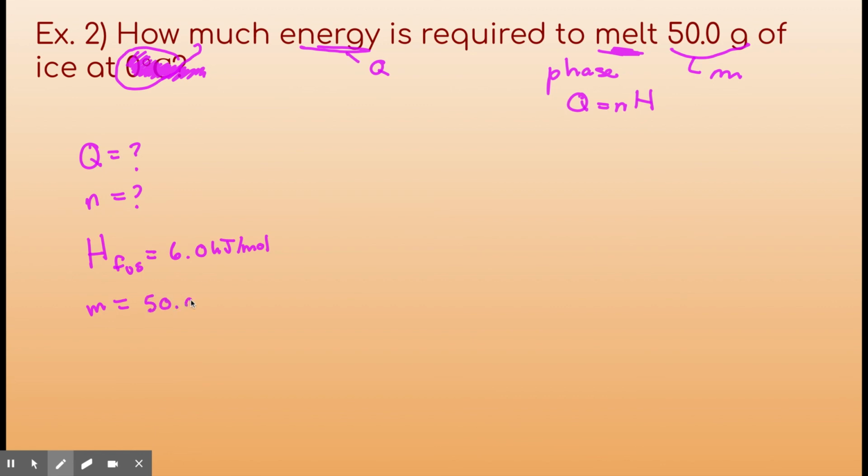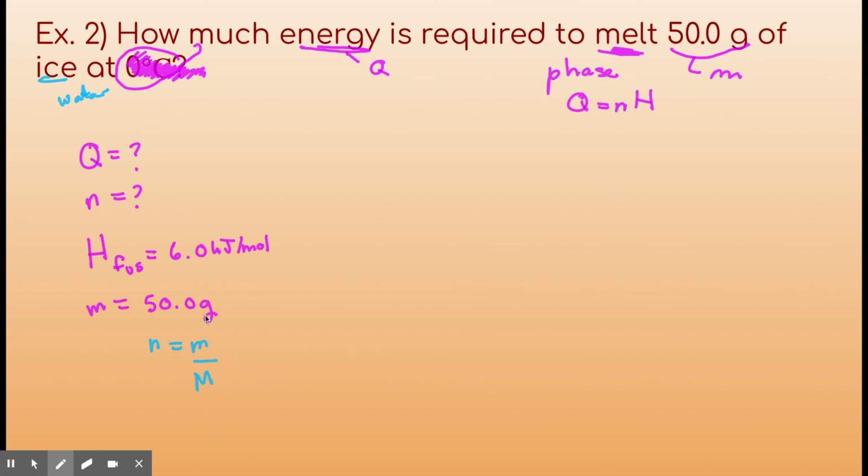No. They are not exchangeable. But we do have this handy dandy formula right on our data sheet that is from our chemistry unit. n is equal to little m over big M. We are dealing with ice. So we're dealing with water. So we sometimes will have to do this little side mini step for these calculations.